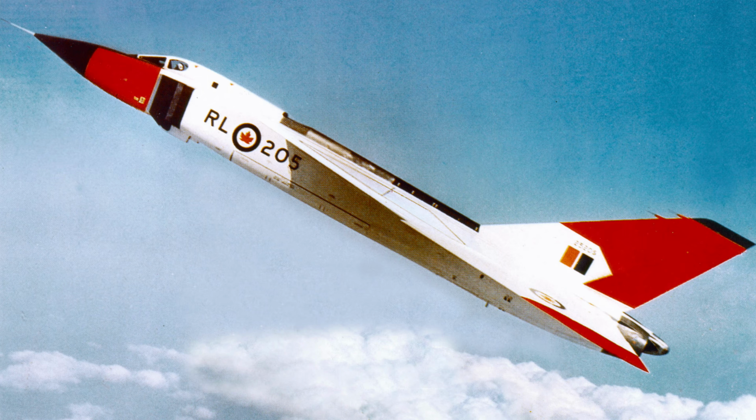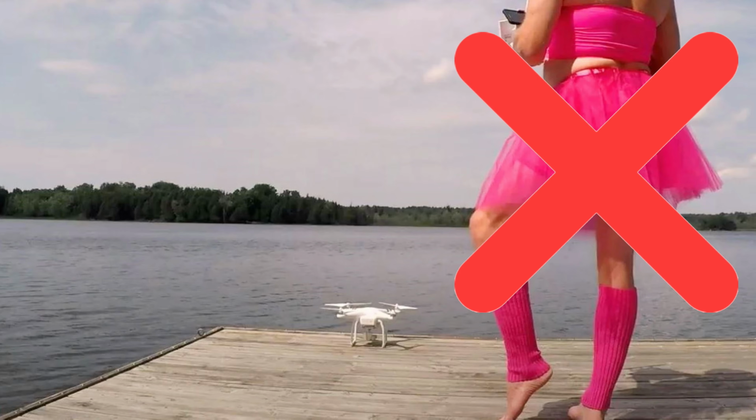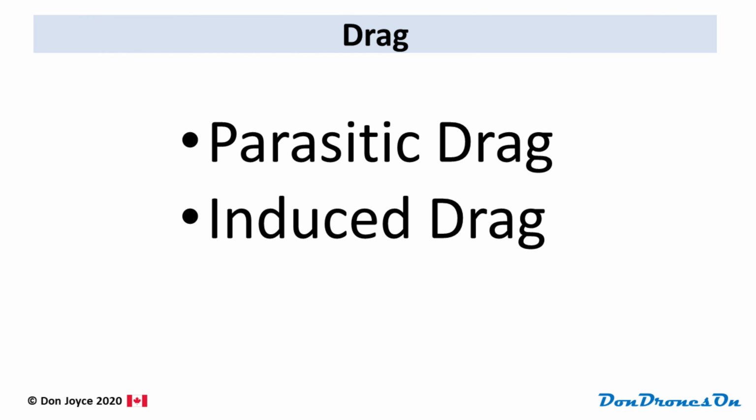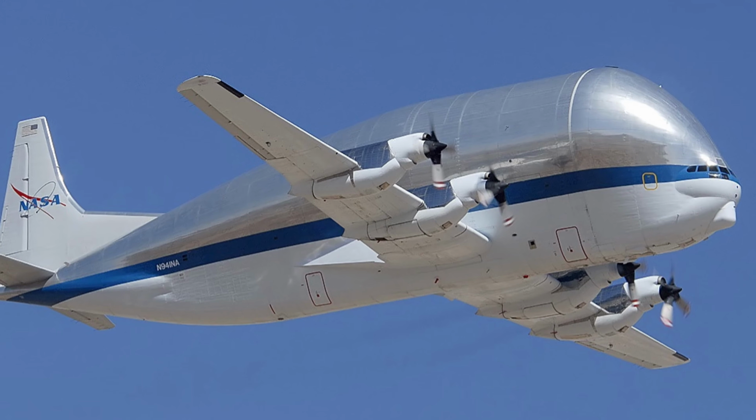Counteracting any forward motion through air is drag. No, not that drag. Drag, like thrust, is parallel to the flow of air and basically acts to slow the aircraft down. Drag comes in 2 forms, parasitic drag and induced drag. Parasitic drag is the obvious one. It's caused by actually having to push through the air.